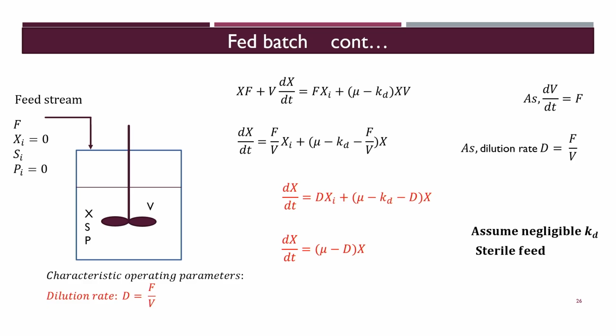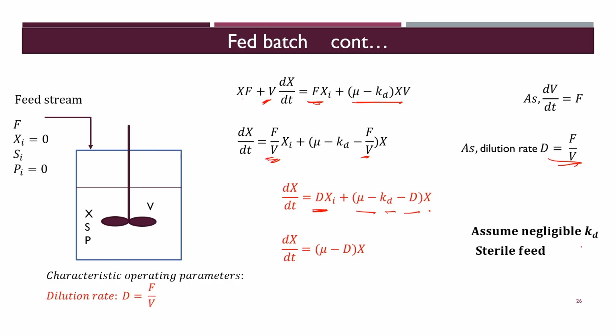Here, we are going to divide with V. So, this becomes F upon V xi, then this becomes mu minus Kd x, and this becomes F upon V into x, and F upon V is the dilution rate. So, it comes out to be dx upon dt equals D xi plus mu minus Kd minus D into x.